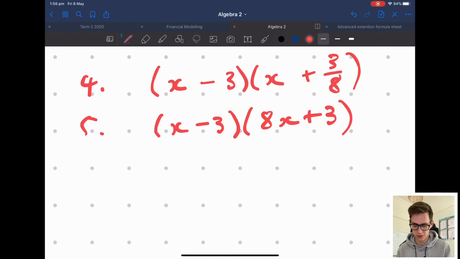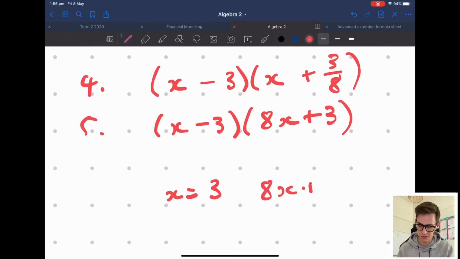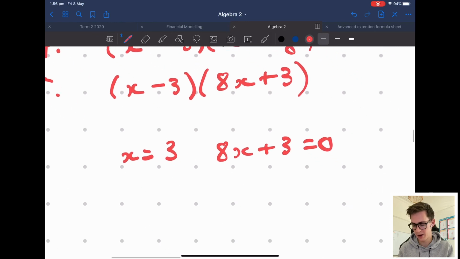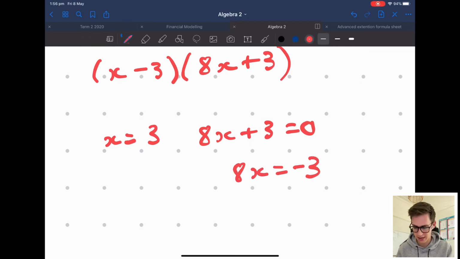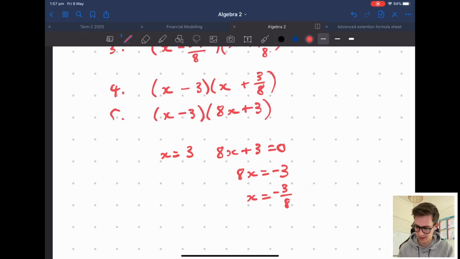Finally, if you want to do the solving, if it's just x with a number, then it's just the opposite, so just plus 3. If it's more than that, we need to write that equation equal to 0, and then we do like our year 7, year 8 equations. You got a minus 3, my pen doesn't work, so you get 8x equals negative 3, and then I've got to divide by 8. And I get x equals negative 3 over 8.